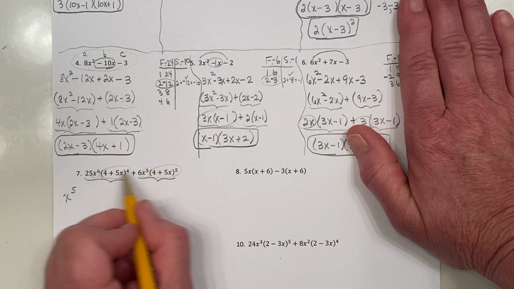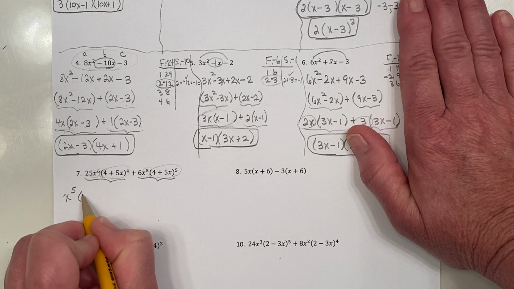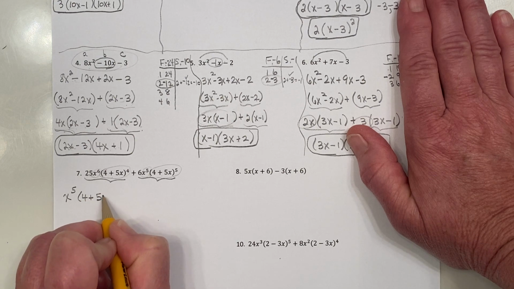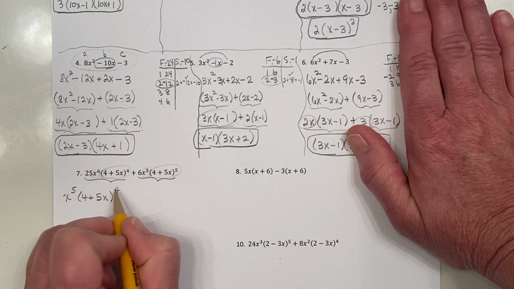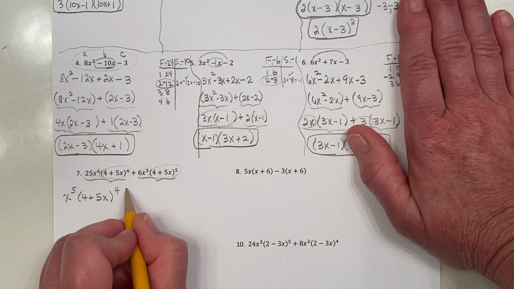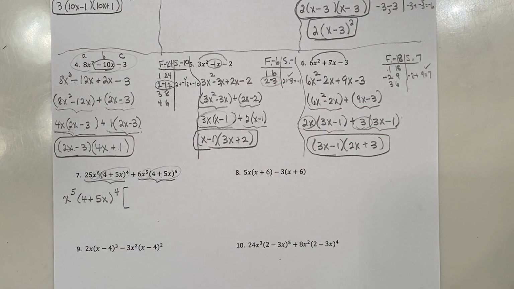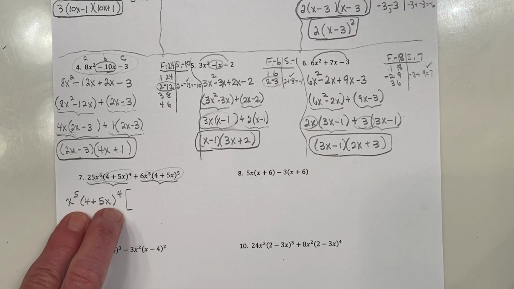Each of these terms has at least 4 of these binomial factors. So I'm going to pull out quantity 4 plus 5x to the 4th power, because 4 of these binomials are present in each of these terms. Now, just for the sake of a visual, I'm going to go to a bracket instead of a parenthesis. So this is my GCF.